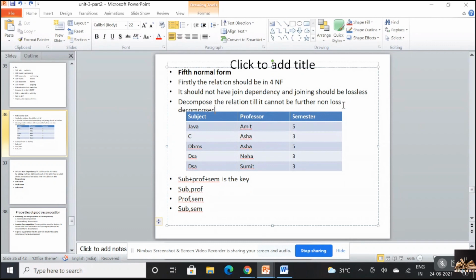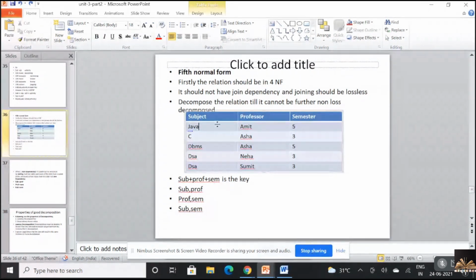Okay, so subject, it's not student, ma'am, subject, I'm sorry. I have three attributes. One is subject, the other one is professor, the other one is semester. Subject, professor, semester. Now here, see, Java, Amit, 5, C, Asha, 3, DBMS, Asha, 5.